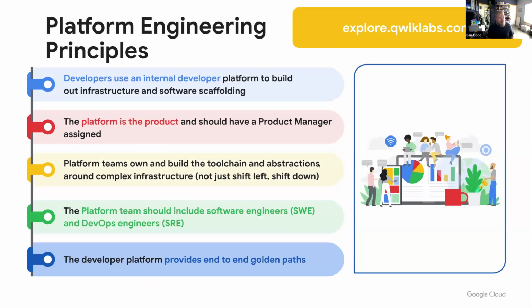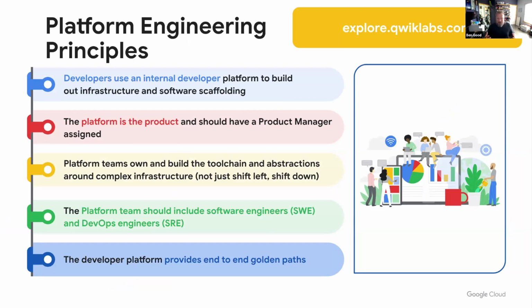When we think about it, there are a few principles that we want to anchor our platform engineering practices on, and this is a theme we have generally across the platform engineering community. That is, the platform is a product. We want to make sure it's treated like a product, with product managers and those kinds of roles in the team to support the platform from that perspective.